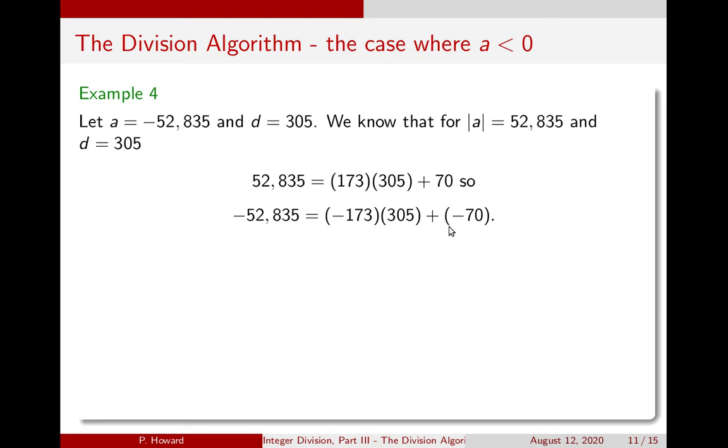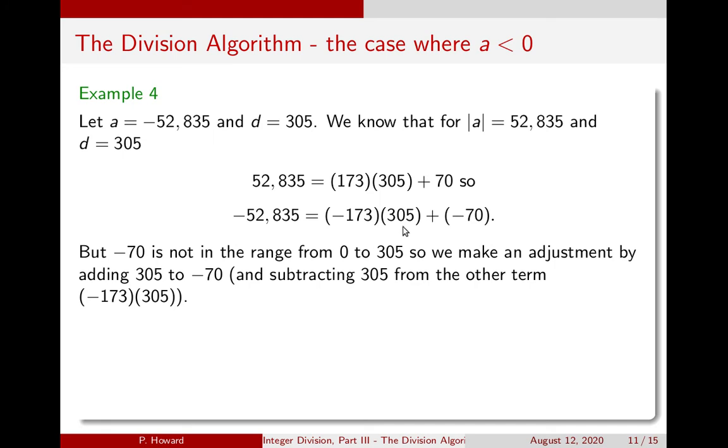And the adjustment we're going to make is we are going to add 305 to the minus 70, and we are going to subtract 305 from the other term. So we're adding 305 to minus 70, we're subtracting 305 from the first term of the right-hand side. If you do that, you get this equation.